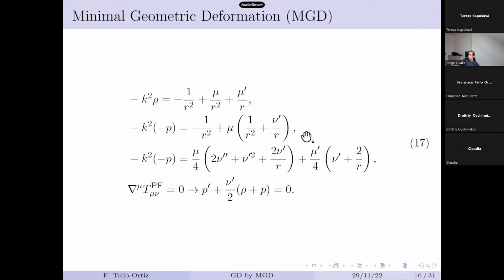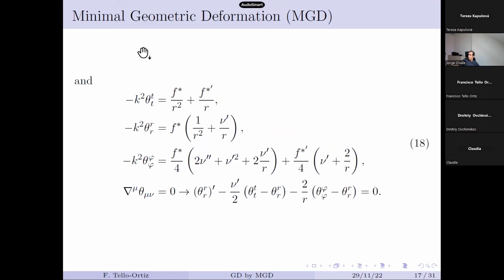Those are the Einstein field equations subject to the conservation equation, the hydrostatic equation or TOV equation. And the second system contains the full information of the theta sector and the corresponding deformation function, f.